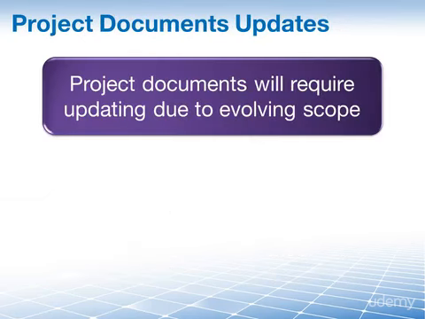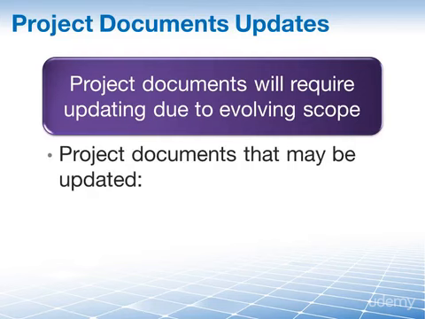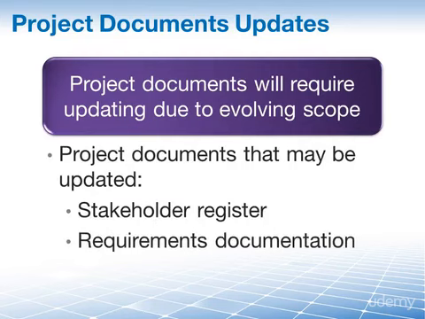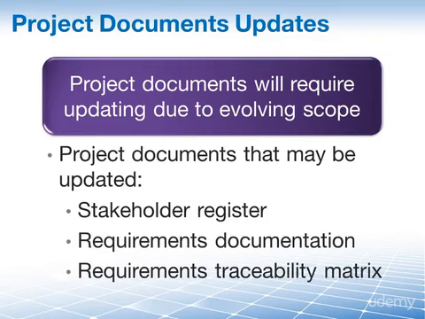Our second and final output from the defined scope process are the updates to our project documents. And the documents that we may be updating here are the stakeholder register, requirements documentation, and the requirements traceability matrix.